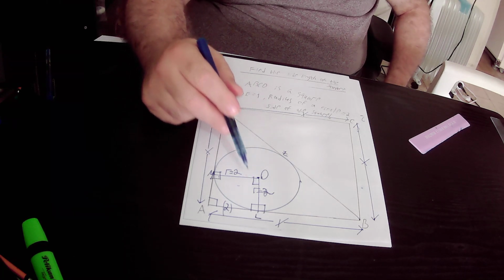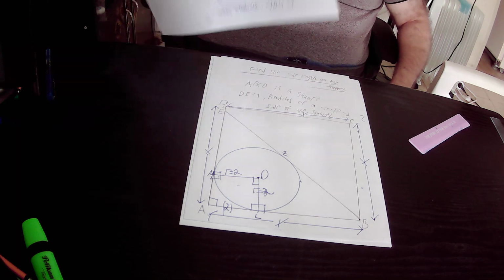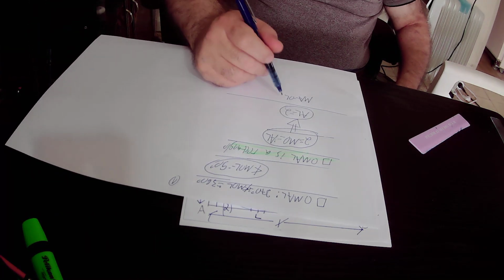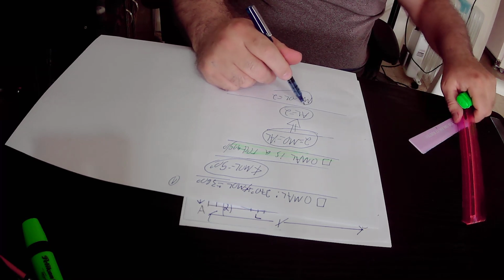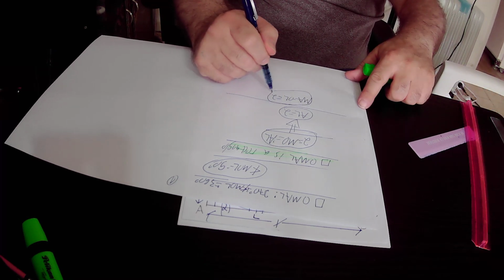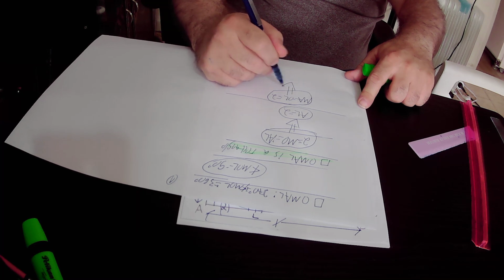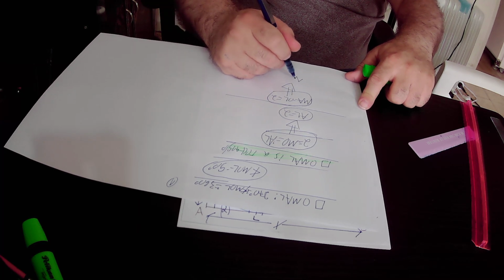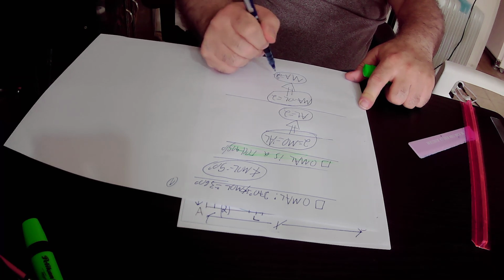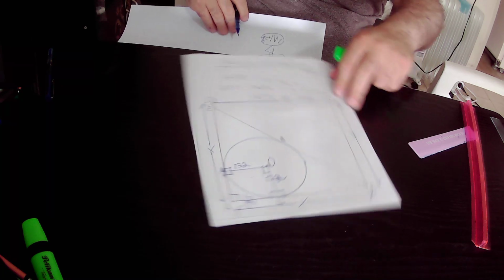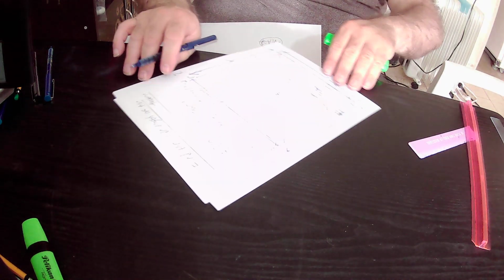It is the radius of the circle, so we can write here that OL equals 2 units. And from this equation, MA equals OL equals 2, we derive that MA is also equal to 2 units. And here MA equals 2 units.